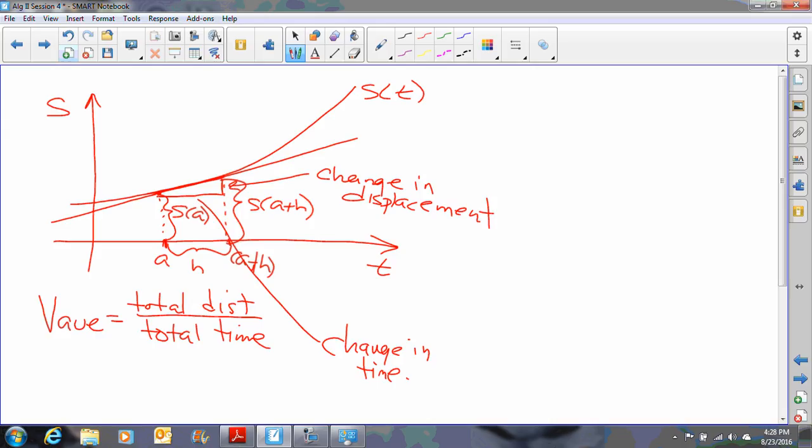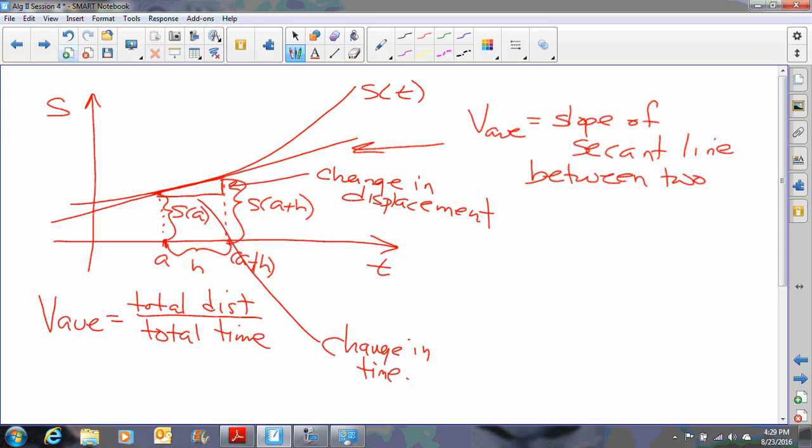And so the change in displacement, the total distance the object has traveled from time a to time a plus h, divided by the total time, h units, which is the change in time, is the average velocity. So it should be clear to you that the average velocity is really the slope of the secant line between the 2 points on the displacement function.